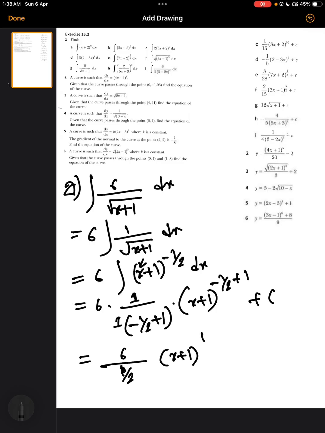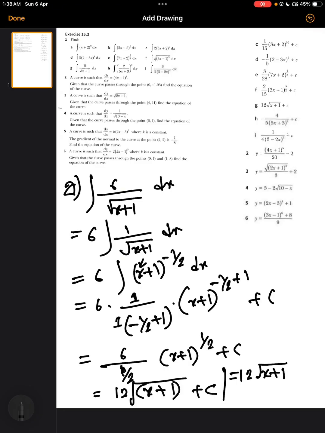X plus 1 to the power half, right? Plus c. So we can say that 12 times the root of x plus 1 plus c. Guys, the result is 12 times square root of x plus 1 plus c. Yeah, the result is absolutely correct here. Number G.